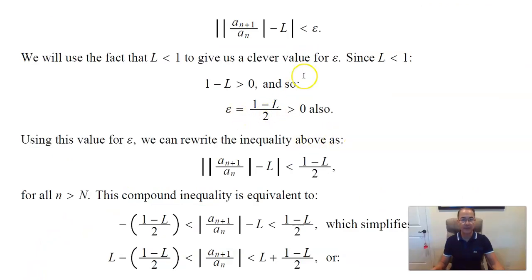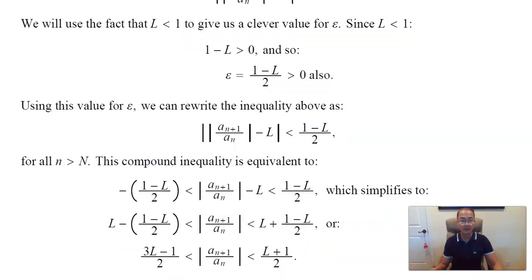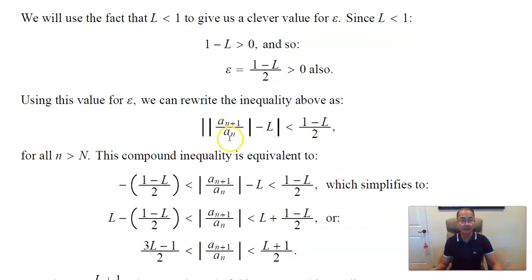All right, so with this value of epsilon, we can conclude that when n is bigger than capital N, this absolute value minus L is smaller than the epsilon, (1 minus L) over 2. Let us rewrite that inequality with absolute values into a compound inequality. Okay, so remove the absolute values. This stays as the upper bound, but its negative becomes the lower bound.